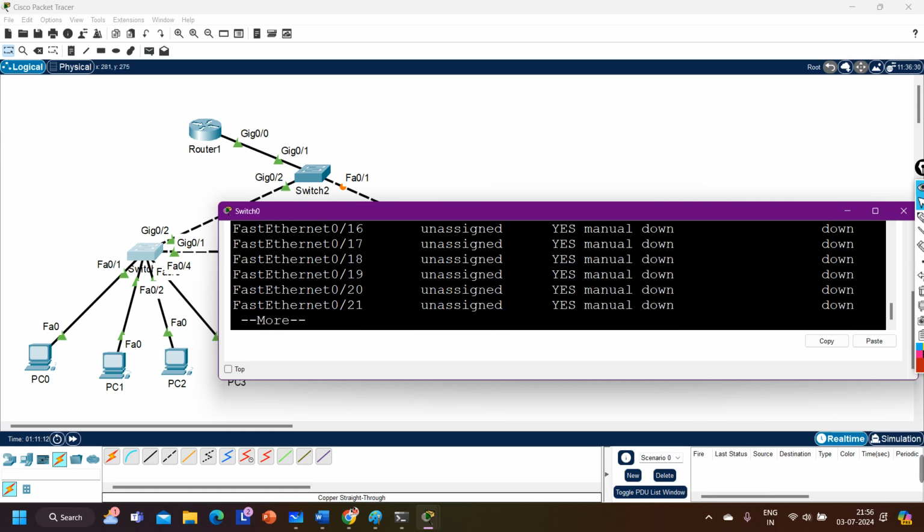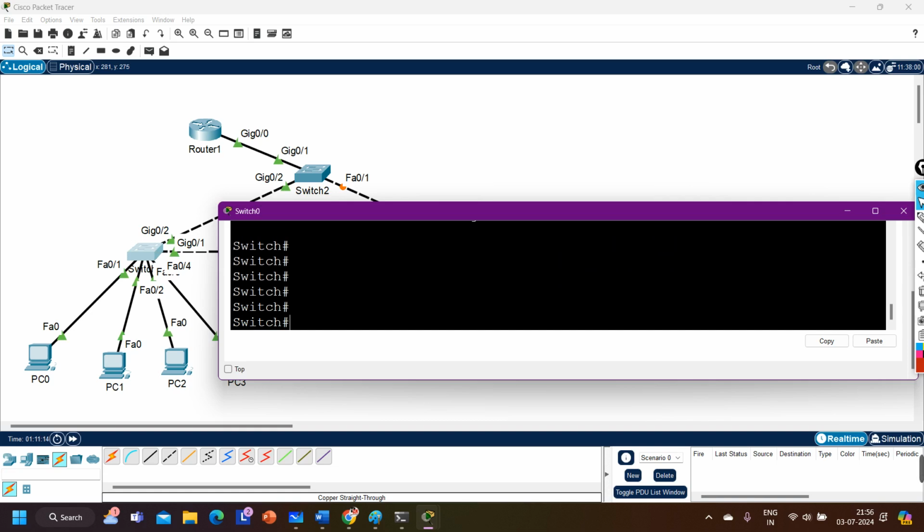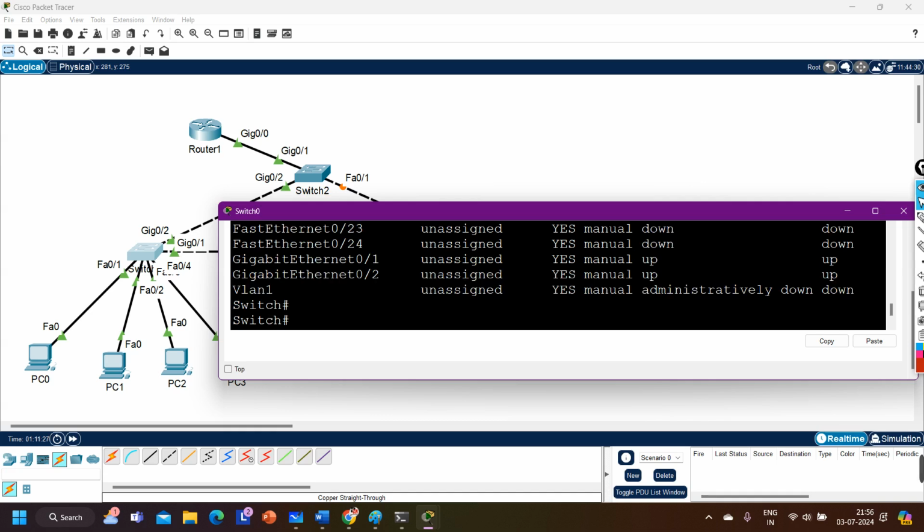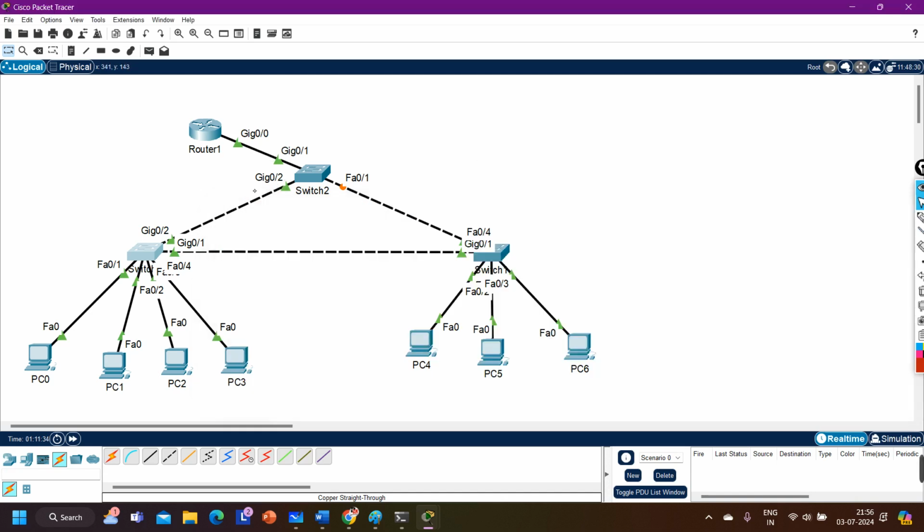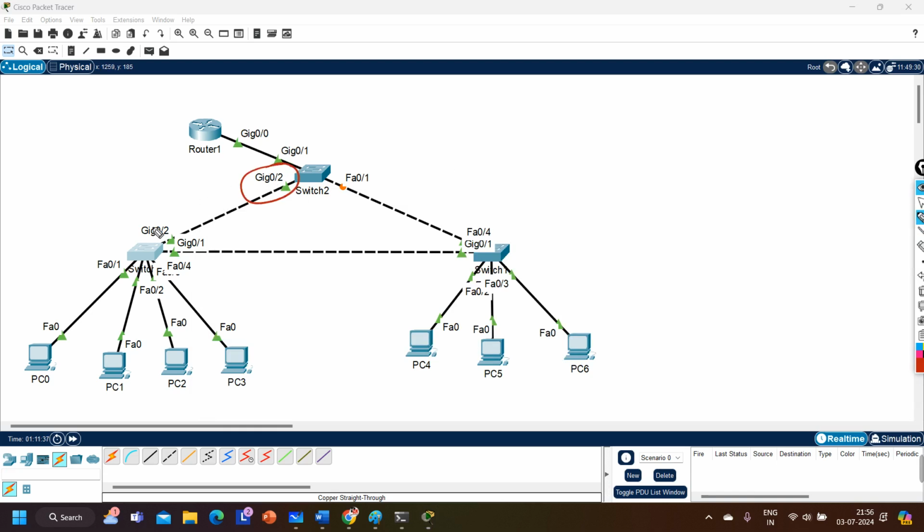See, this switch is connected with switch 2 with which port? 0/2. So show ip interface brief G0/0 line protocol up, status up. So if I shut down this interface on switch number 2, what will happen on this switch? This port will be up, but line protocol will be down, right?